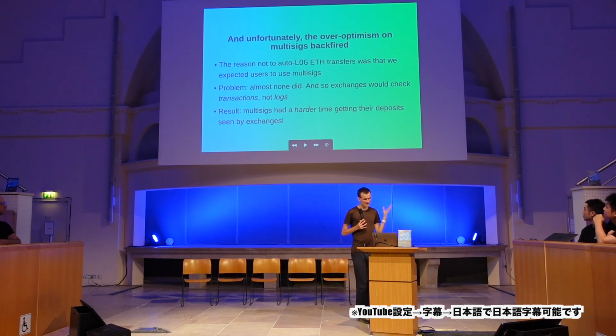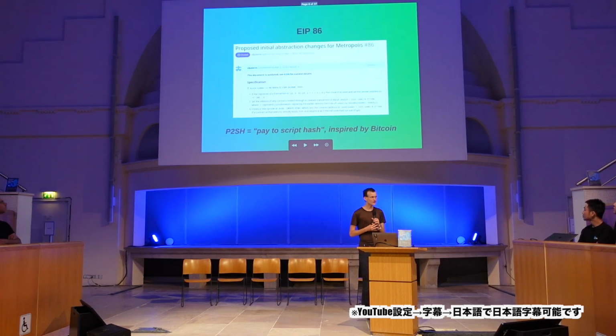And so exchanges ended up not checking logs, they ended up checking transactions. So multi-sigs have a harder time getting their deposits accepted by exchanges, right? A bit of an unfortunate story. And the dream of getting everybody to use actually secure wallets had to wait another year, maybe another 7 years.